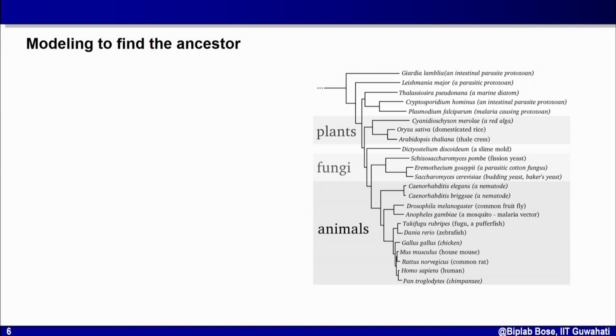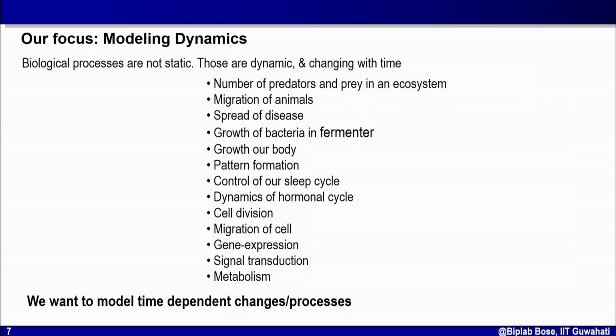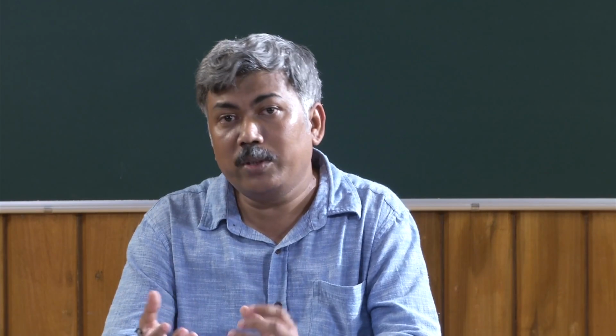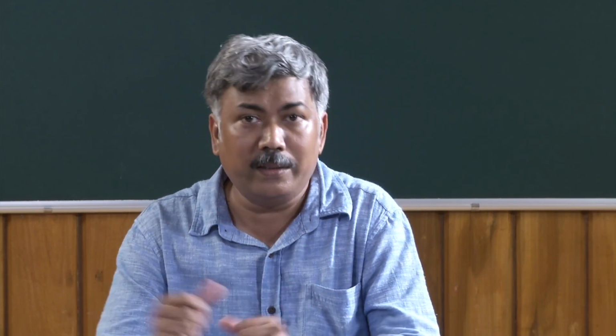There is another type of model that is the focus of our course, that is the dynamical model. No living system is static. Anything living has processes which are changing with time, which are dynamic. Take the example of growth of a human being, growth of bacteria in a fermenter, or growth of a solid tumor in a patient, or maybe the dynamics between predator and prey in a jungle.